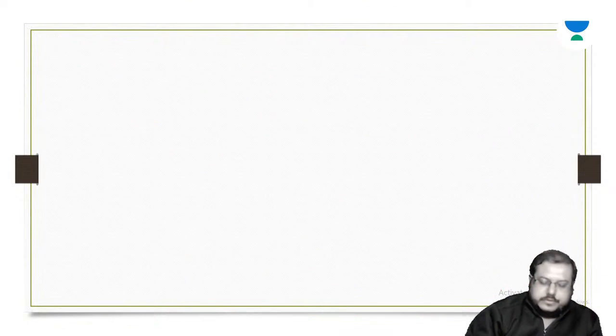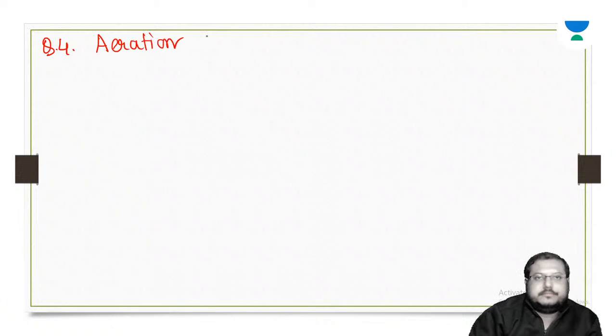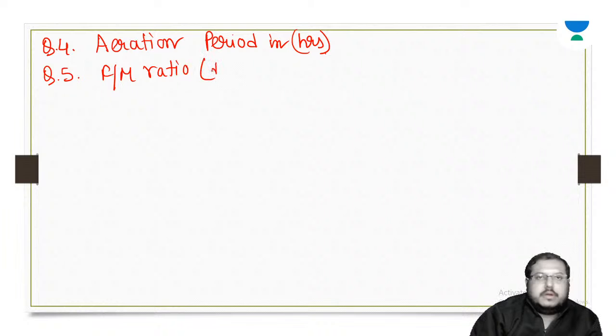Now, right into the questions. Question number 4: Aeration period in hours. I'm not writing the options. Question number 5: F by M ratio in day inverse.